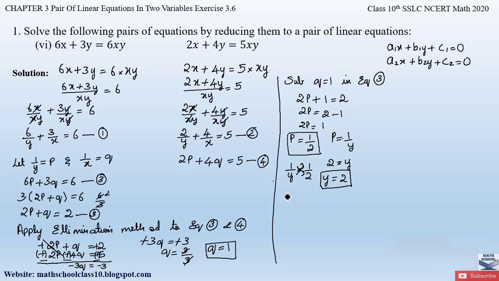Similarly, we got q equal to 1, whereas initially we had assumed q as equal to 1 by x. So equating right hand sides, we get 1 by x is equal to 1, or cross multiplying, x into 1 will be x equal to 1. So we got x is equal to 1 and y is equal to 2, which is the solution for the given pair of equations. So therefore you can write down x equal to 1 and y equal to 2 are the solutions for the given pair of equations.